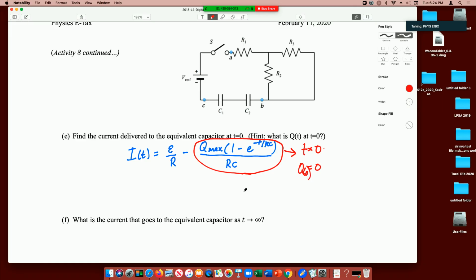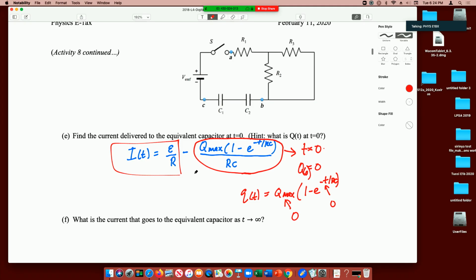Another way to look at it is, if we look at just that one part of the equation, this is 0 when this is 0. The current delivered to the capacitor would just be a function of this part, because the second term goes away.